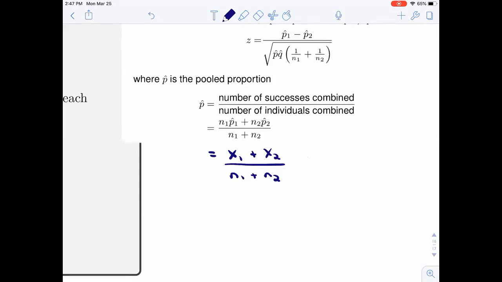For comparing two proportions, usually what I'll end up doing is I'll say 40 out of 100 people said this and 50 out of 150 people said this. Compare those two proportions, and so then you have the successes from each group and your sample sizes from each group.